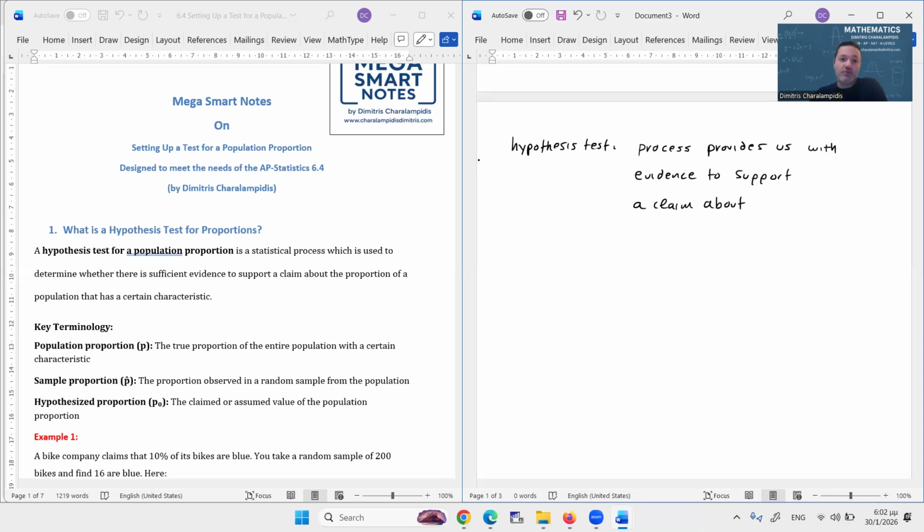But in this case, since we will be talking just about the population proportion, it provides us with evidence to support a claim about the population proportion.